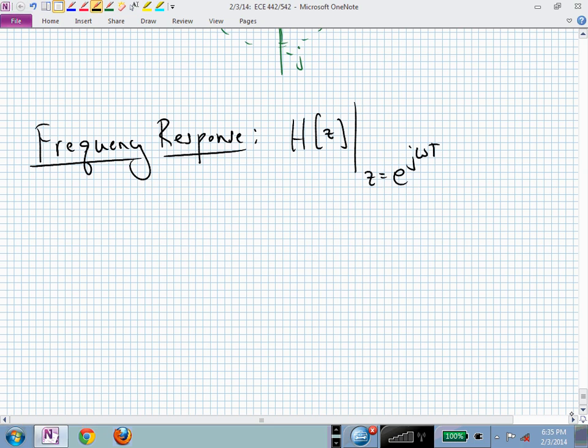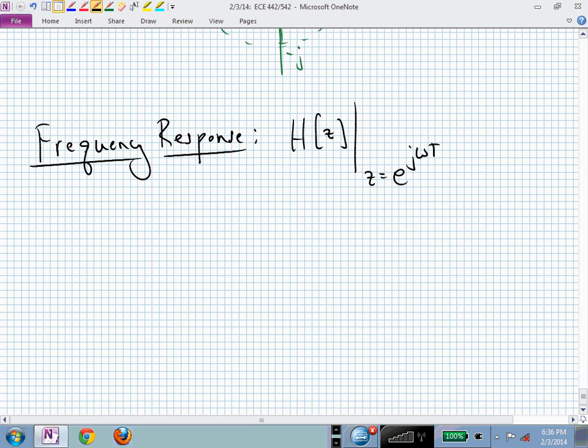And if I evaluate h of z, when z is equal to e to the j omega t, that's going to give me, in general, a complex number, isn't it? Because I'm now replacing all these z's with this complex exponential. And if you wanted to, you could apply Euler again and convert e to the j omega t to cosine omega t plus j sine omega t, if you wanted to do the rectangular decomposition of that particular point z.